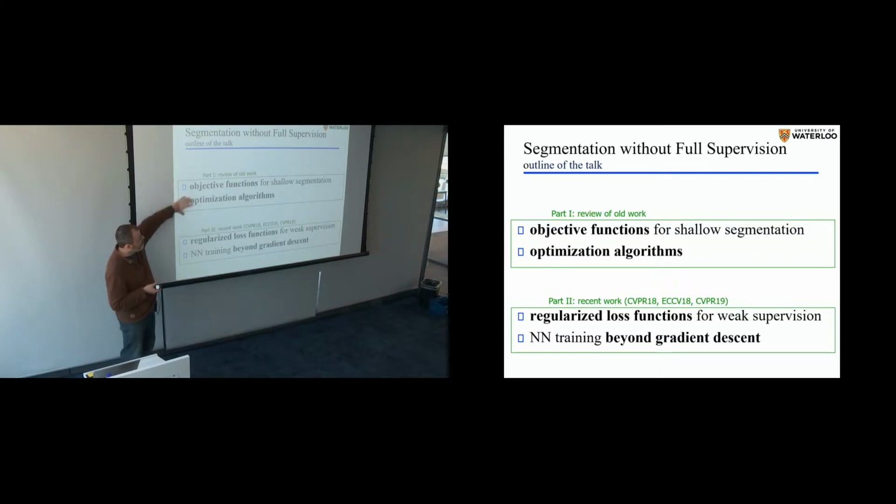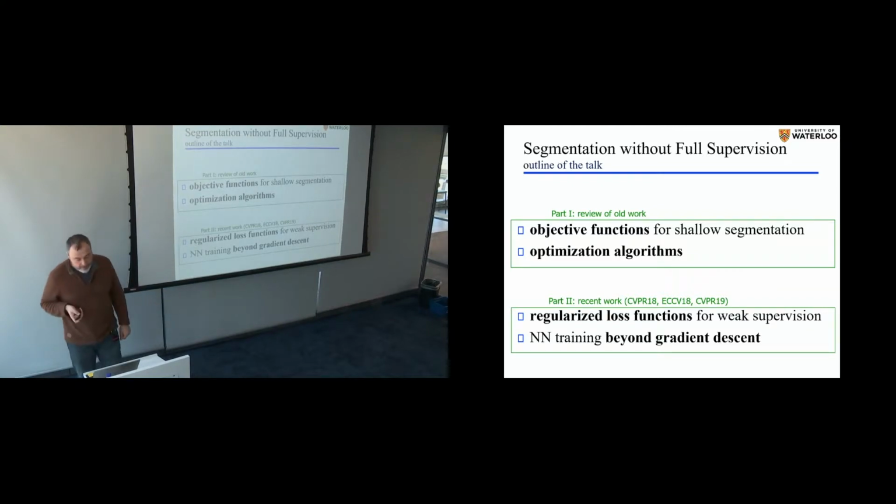Actually, the bigger part would be more of a review of non-deep work, and in part I allow myself to do so because I expect that not everybody, particularly the younger part of the audience, would necessarily know a lot about this. But the last third of the talk will be about how that stuff is helpful for deep learning as well.